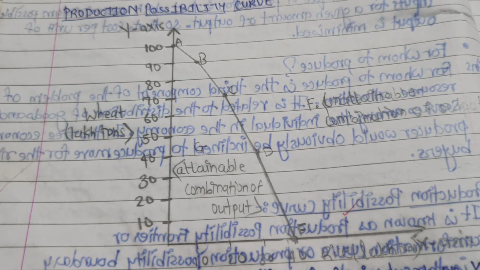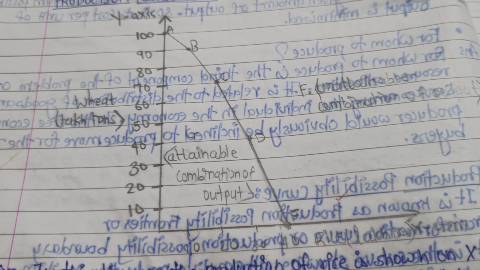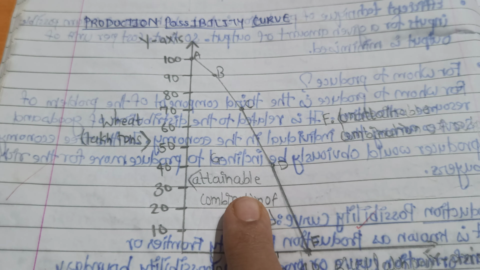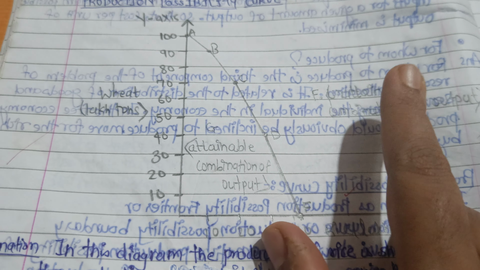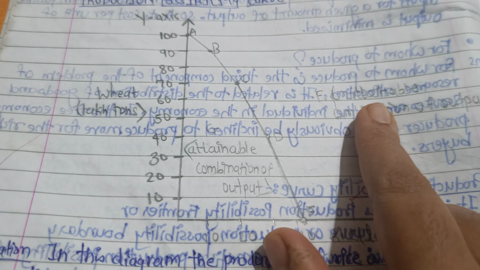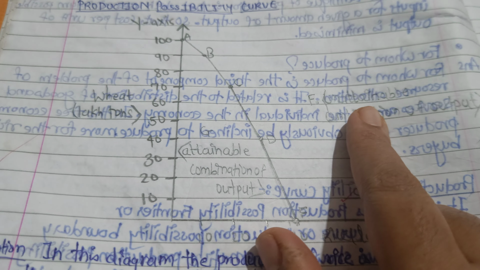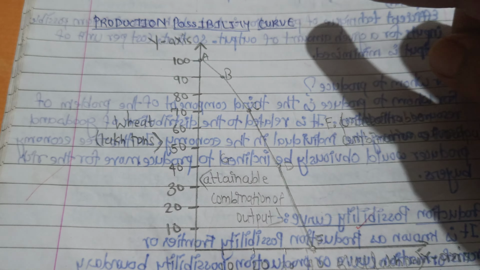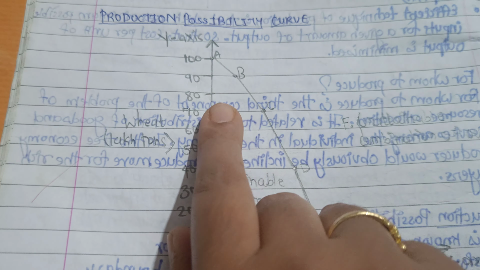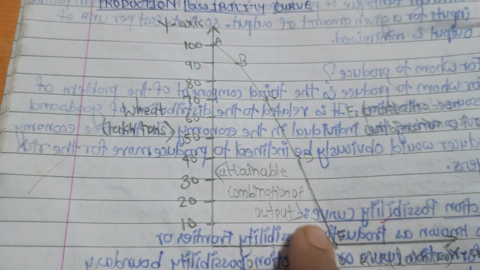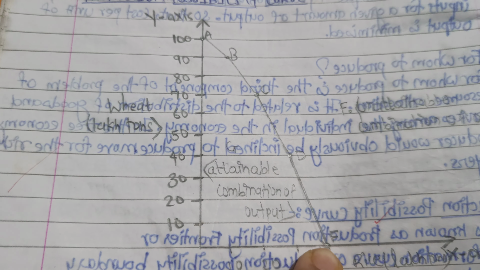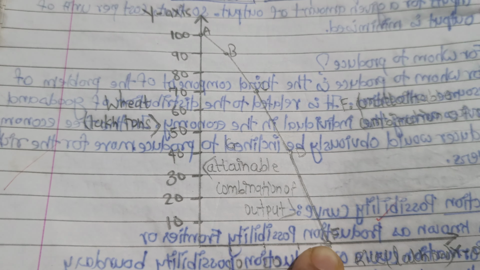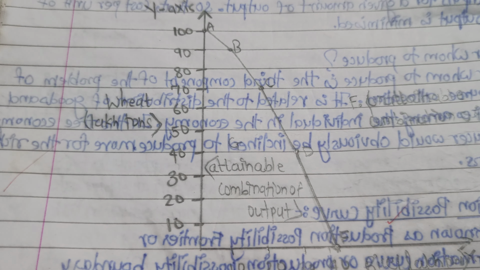Speaking about attainable combination, any point inside your curve is attainable. Any point outside your curve is unattainable. So A, B, C, D, and E show different possibilities of production with given technology and resources.